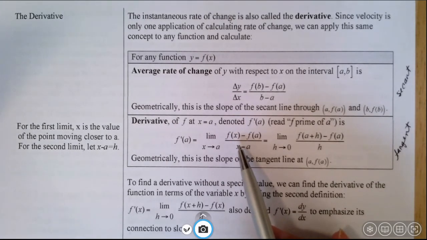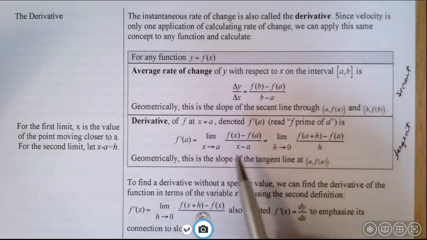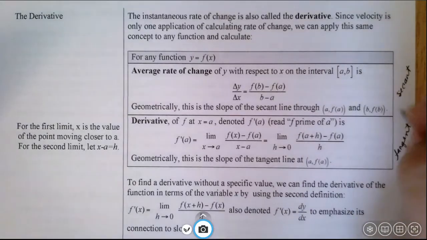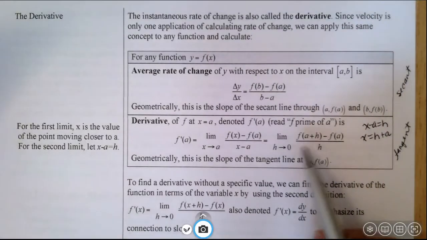Okay, now, because we want this denominator to equal 0, the other way of looking at this is we call the denominator h. So if we let our denominator be h, we're looking for when h is 0. And then if we substitute that, since x minus a equals h, then x equals h plus a, or a plus h.